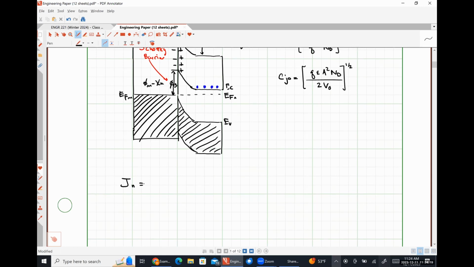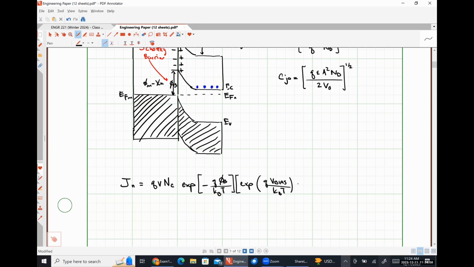Jn is equal to Q v Nc times the exponential of negative Q phi B over kBT times the exponential of Q times our bias voltage divided by kBT, minus 1.